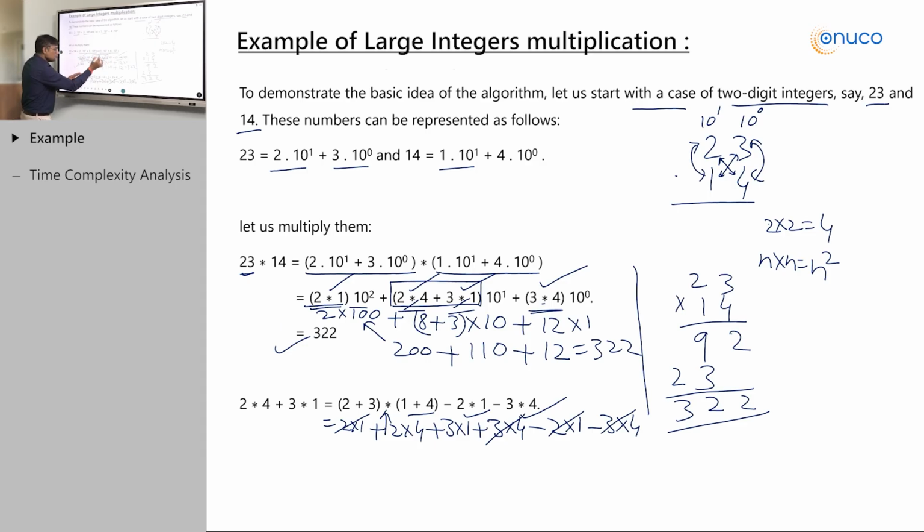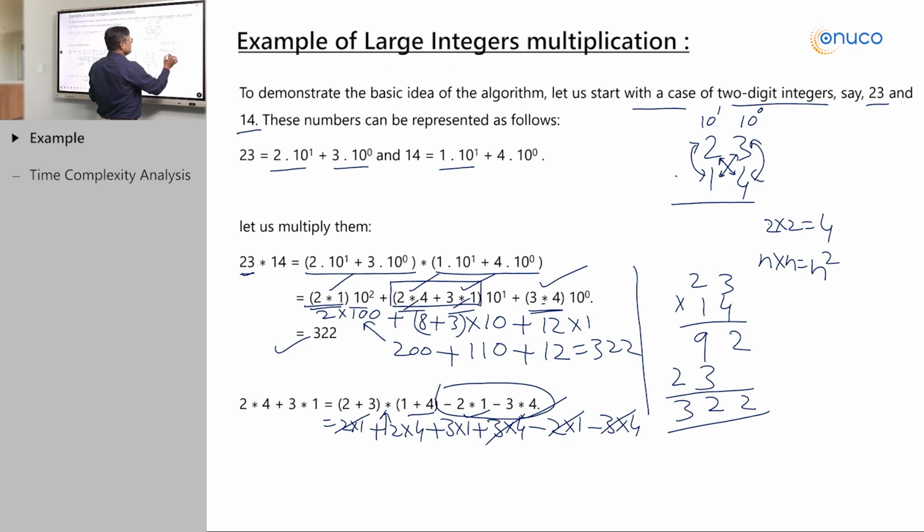In place of these 2 multiplications, how many multiplications have you used here? Only 1. These 2 are known to us. So in place of 2, we reduced to 1. So if we perform the task using the divide and conquer strategy, we reduce the number of multiplications and hence reduce the time complexity.